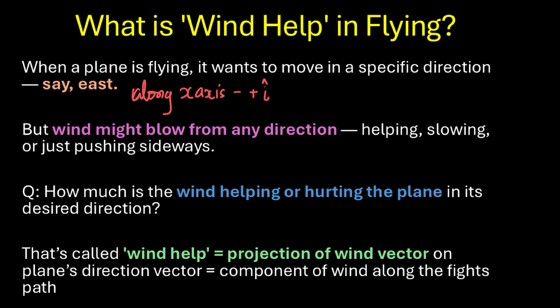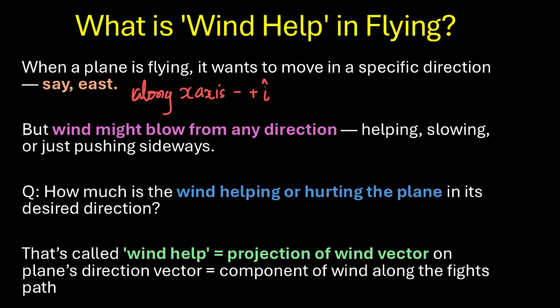But wind might blow from any direction. And depending on that direction, it might be either helping or slowing or just pushing the flight sideways. How much is the wind helping or hurting the plane in its desired direction? This contribution, helping or hurting the plane by the wind, is what we call wind help.